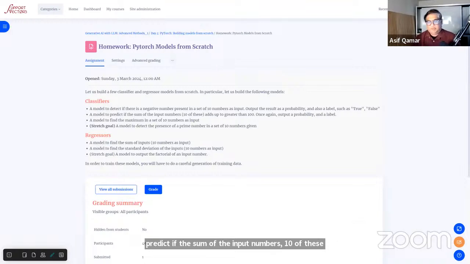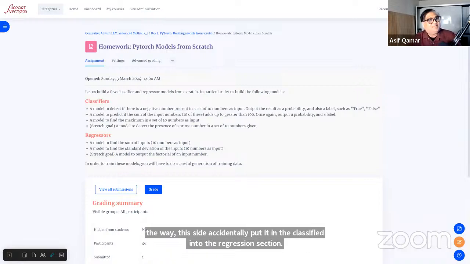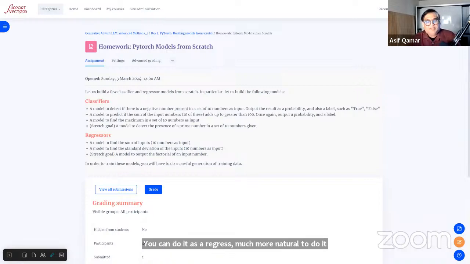Once again, output a probability and a label. A model to find the maximum in a set of 10 numbers as input. By the way, I'd accidentally put this into the regression section. You can do it as a regressor, but it's much more natural to do it as a classifier problem. Then as a stretch goal, I'd given a model to detect the presence of a prime number in a set of 10 numbers given.